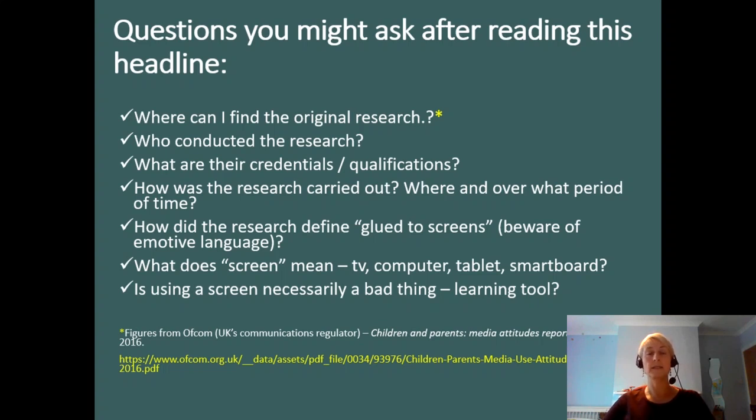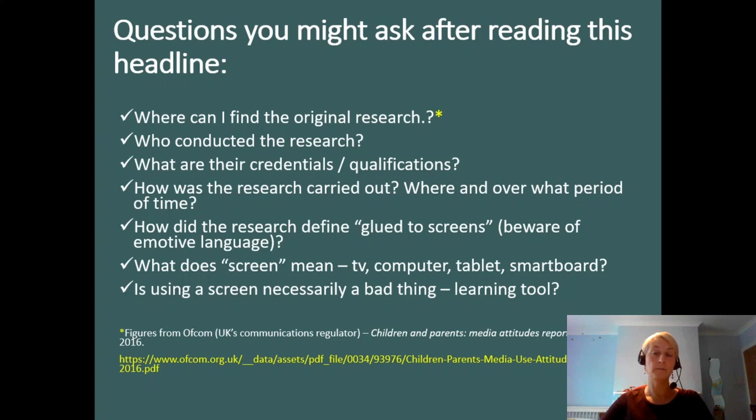And how did the research define glued to screens? Now that was part of the headline that we just looked at. I went through that Ofcom report and I did a phrase search for glued to screens. I couldn't find it anywhere in that report, so that's an indicator that the publishers of the newspaper, or the editors, added that in.